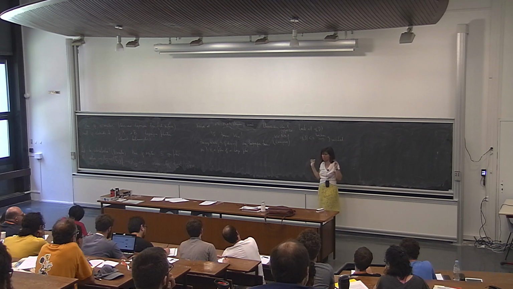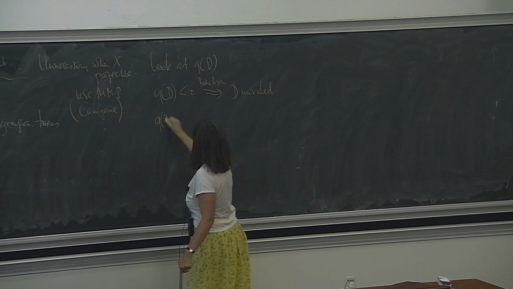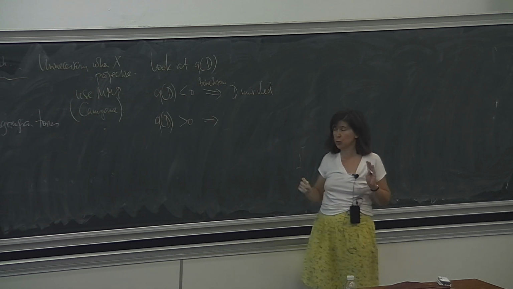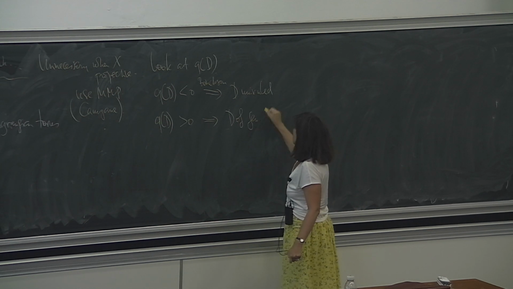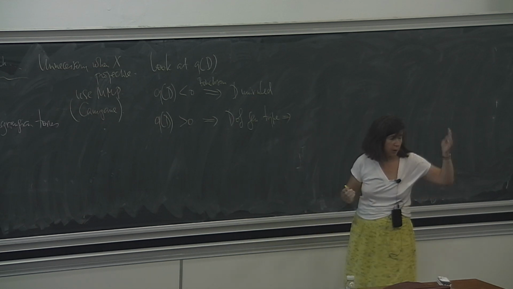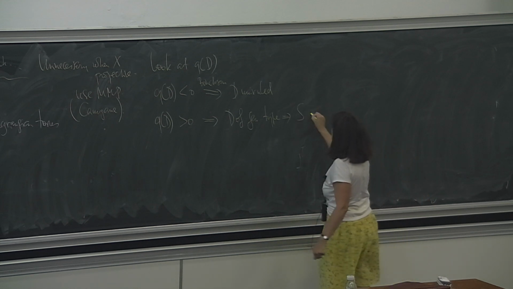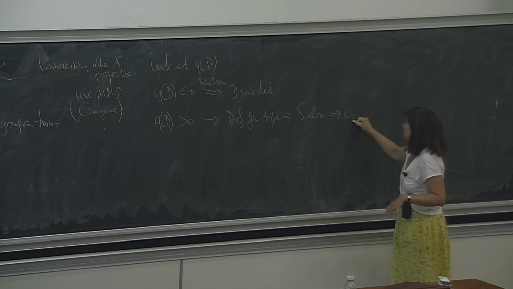So this is the case which we know. Then Q of D might be positive. Then we know that D is of general type. But then S is also of general type. S is a surface in which D is fibered, so S is of general type. And then we know that C2 cannot be 0.